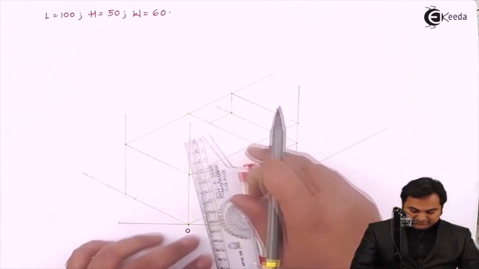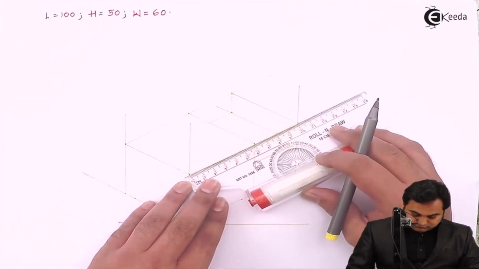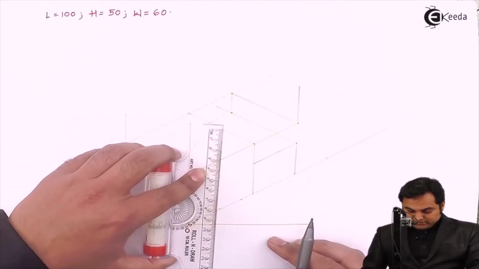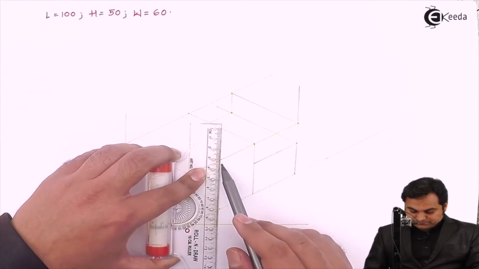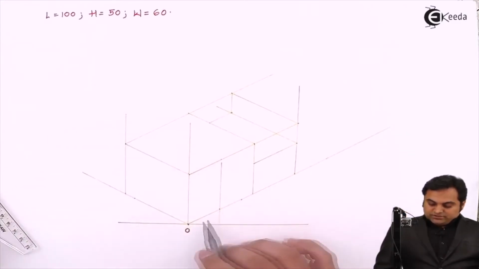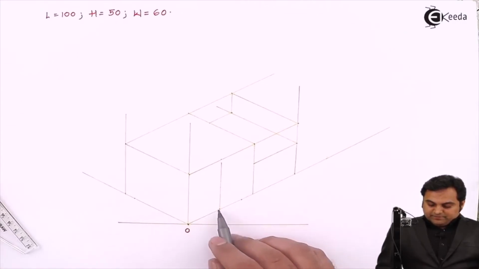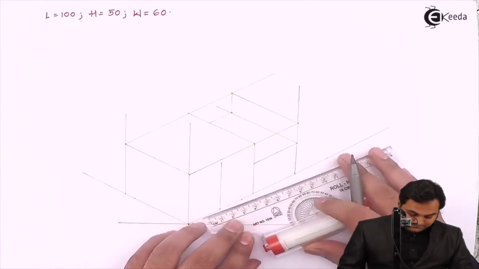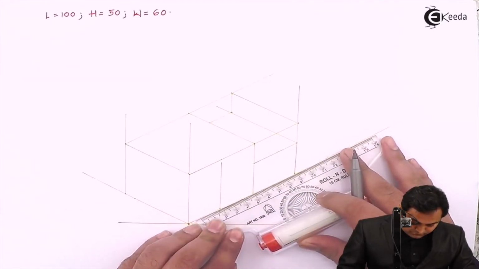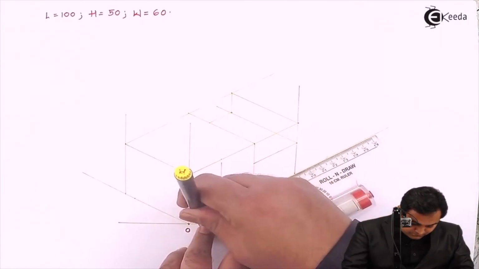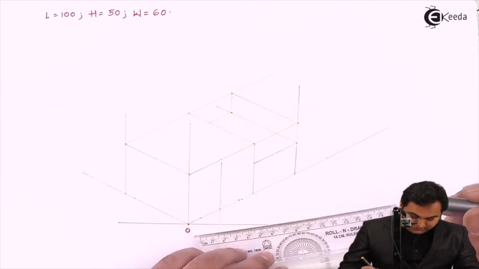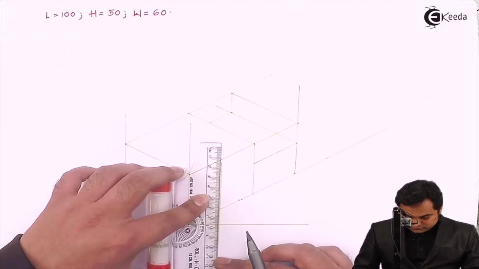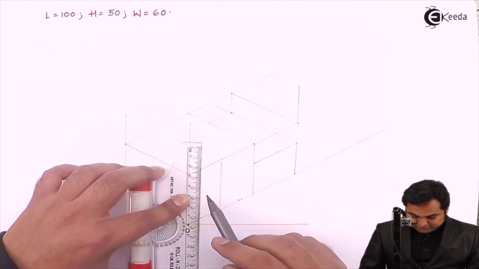Selecting this center point. Next, from the top also I am marking this midpoint and drawing a light vertical line through these points. Now, since it is of diameter 36 mm, from this center I am going to measure 18 mm on one side, 18 mm on other side. Here I get this as 36 mm. Then through this point I am drawing a light vertical line.